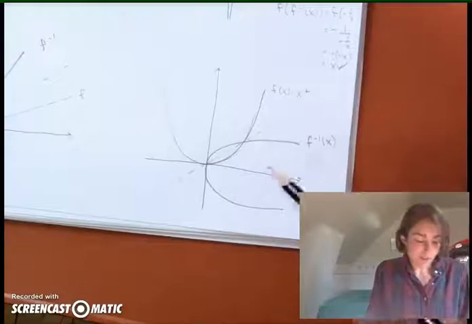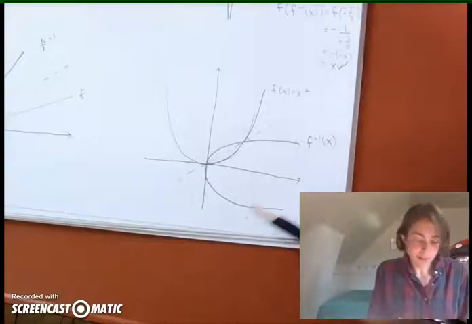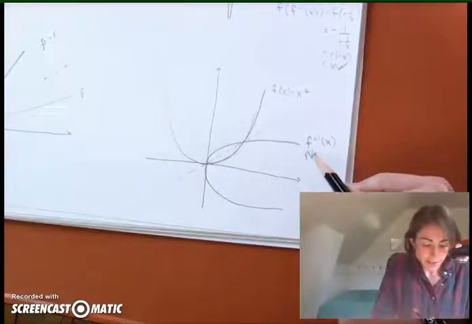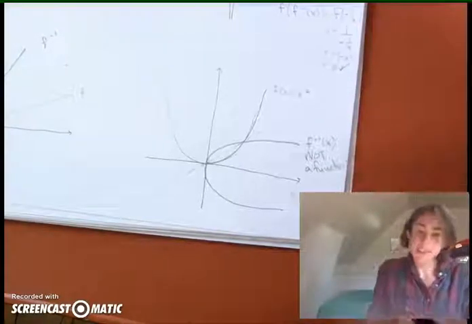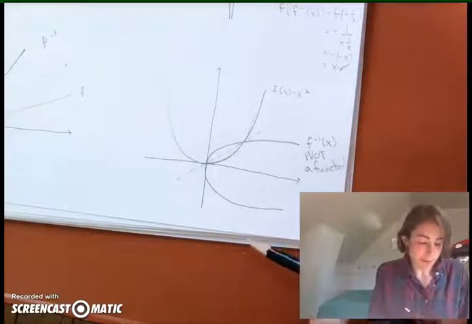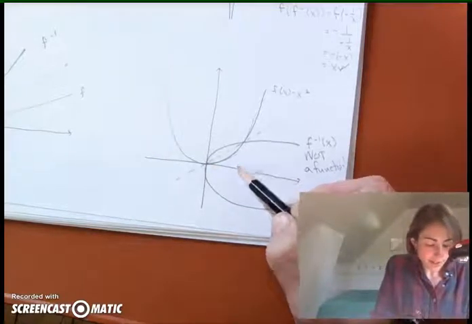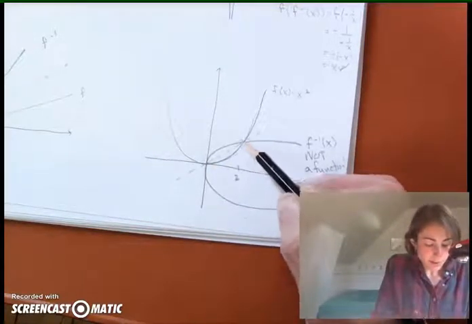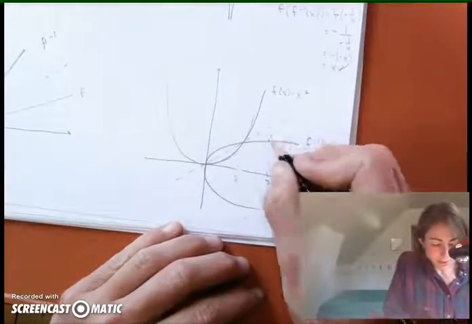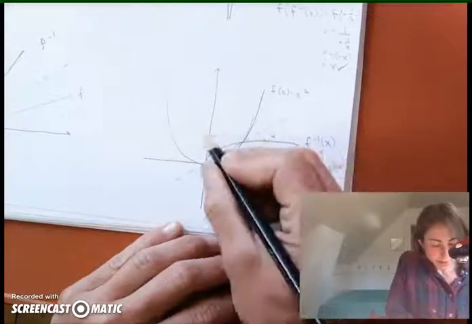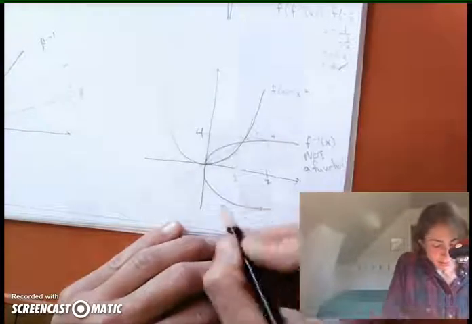What's the problem with f inverse of x, though? It's not a function. This is exactly the issue we came across before. f inverse of x sent 2, well, 2 is probably over here, sent 2 to both 4 and negative 4.